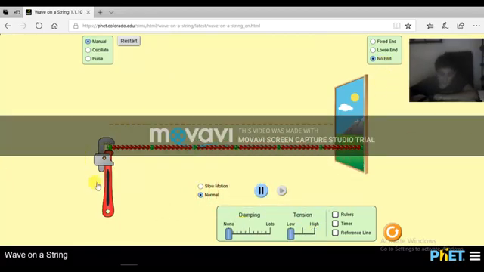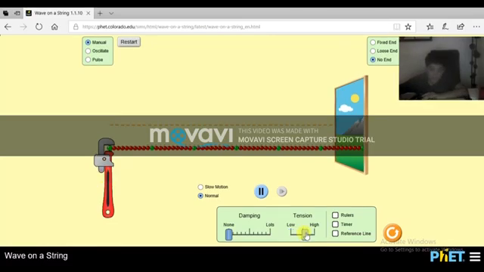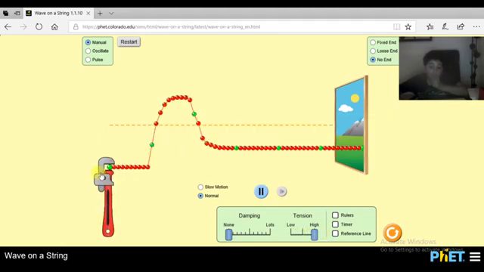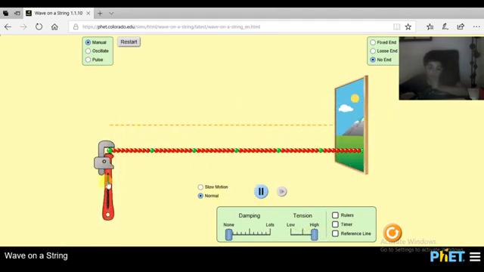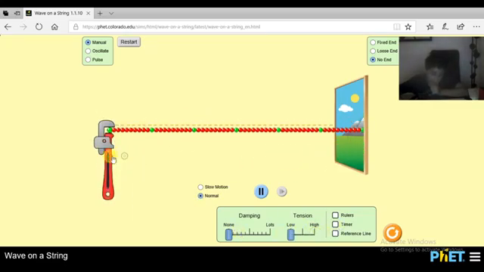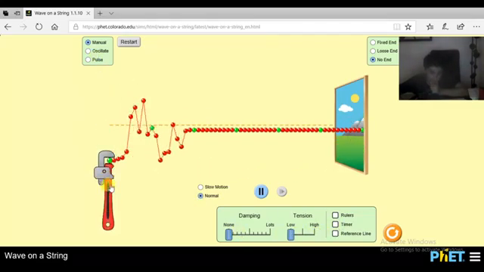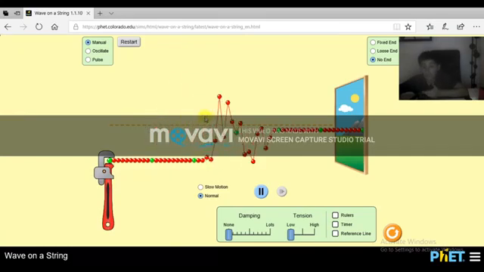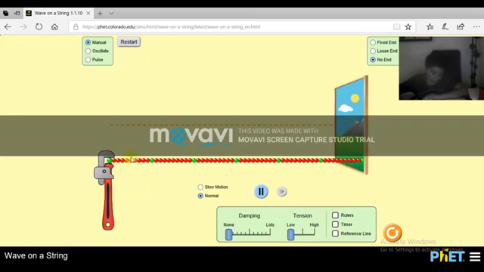Tension is about the slow motion or the normal. With high tension, the wave goes faster. If we had low tension, what would I expect to happen? It's not about the time; the crest and the trough are more pointy.